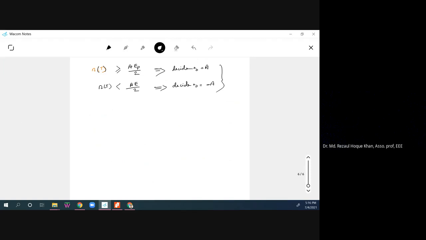So for our ASK case, decide A0 equals A if R prime T is greater than 0. So R(T) minus A E_p by 2 greater than 0 gives us R(T) greater than A E_p by 2.